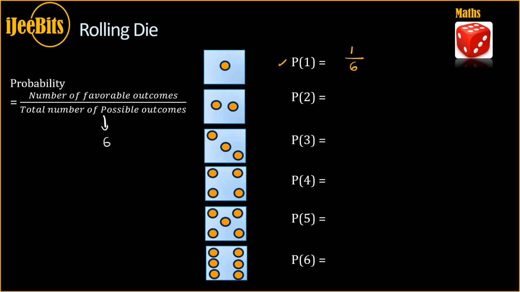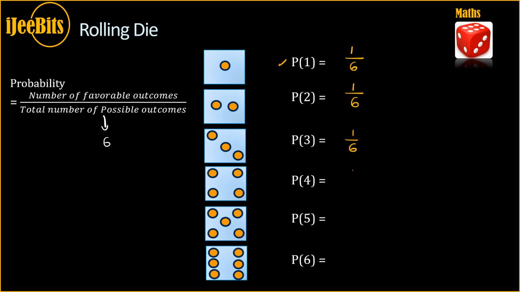Do you get that? Let's try the probability of 2. Probability of getting 2 is how many twos we have in six faces, only one. So the favorable outcome is only one, and the total outcomes is 6. Likewise, P of 3 is also 1 by 6 because we have one side marked with 3 dots.